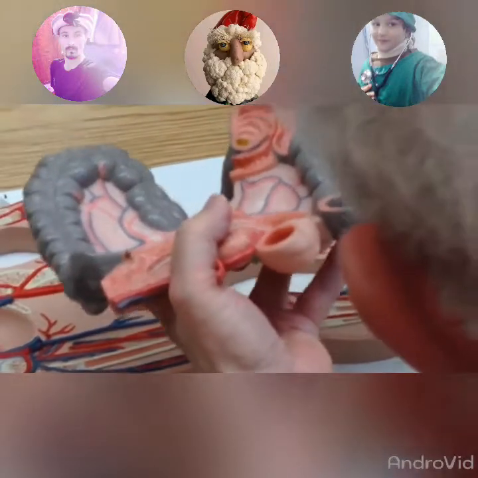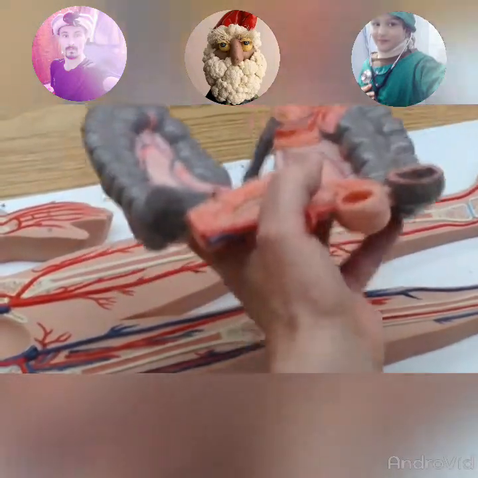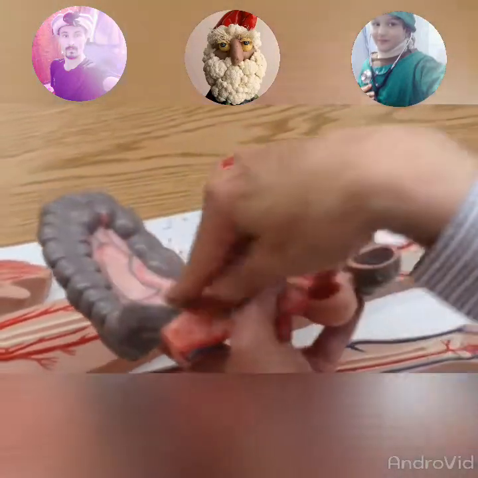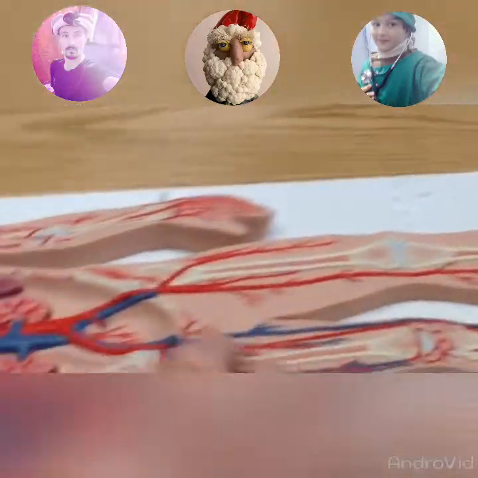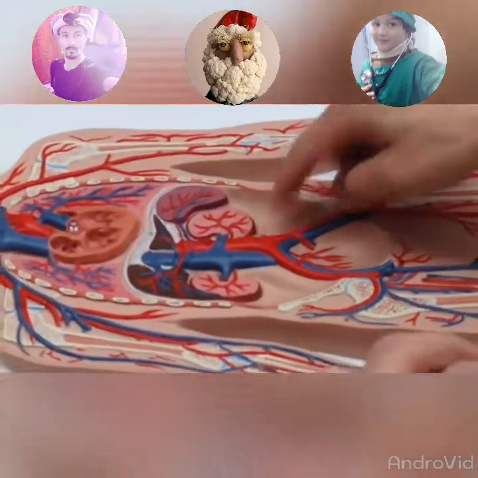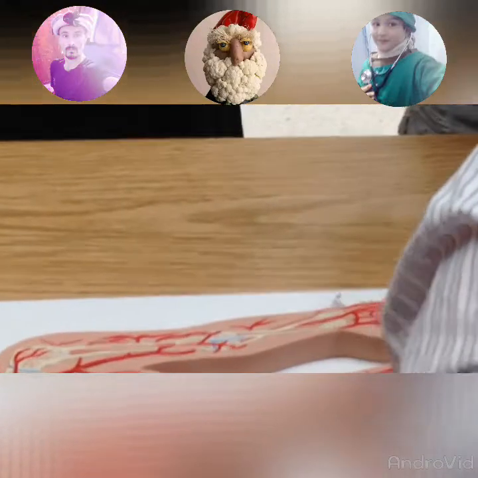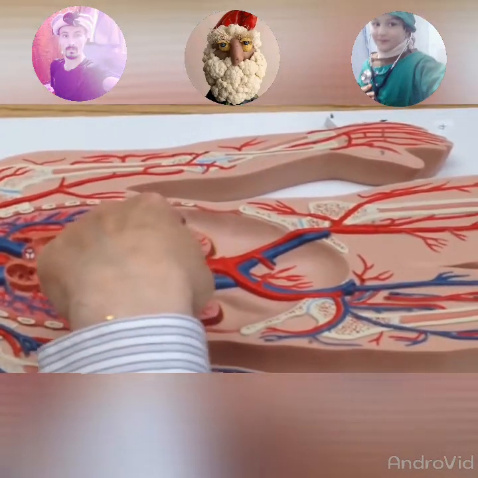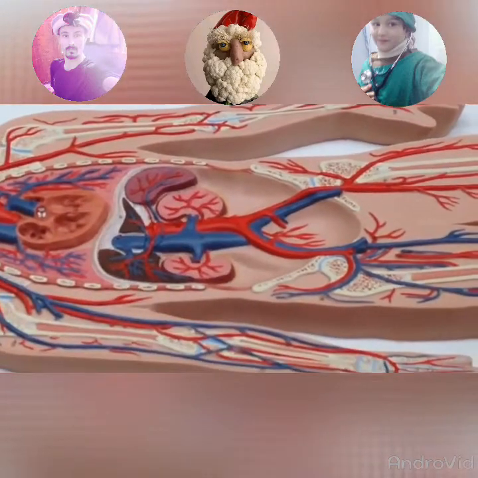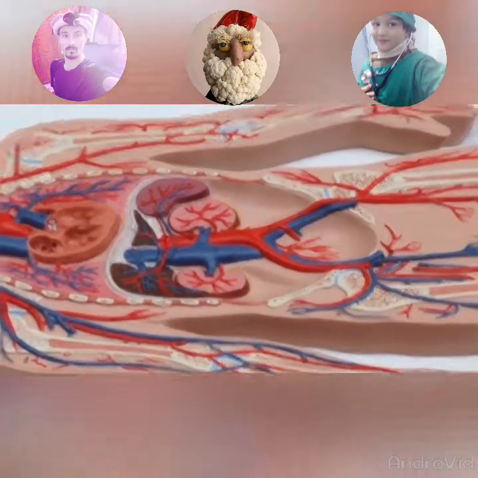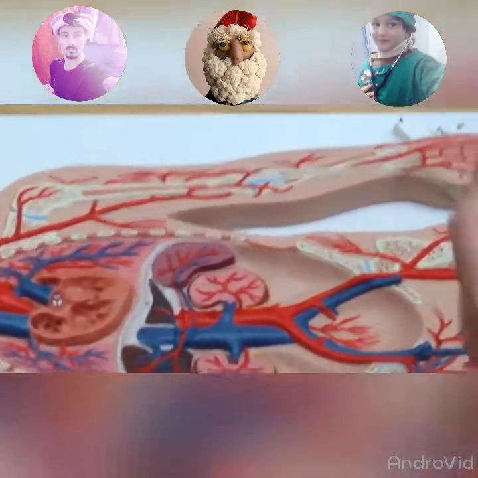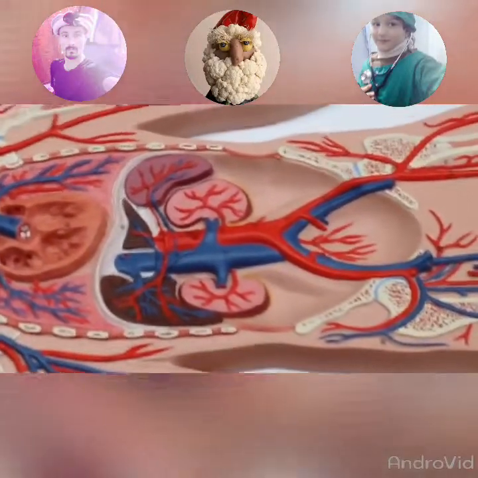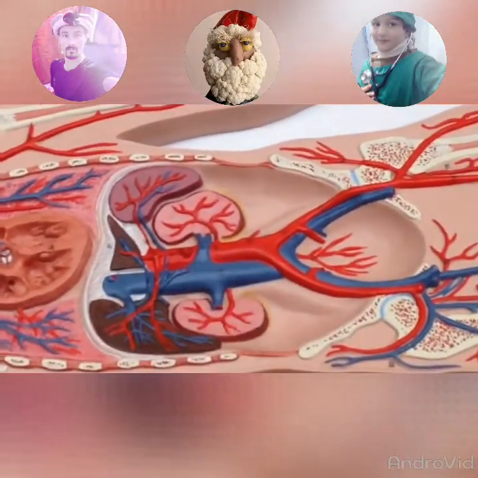So rather than starting here and running out of oxygen by the time you got to here, they can just distribute and return. So the inferior mesenteric artery is basically supplying the large intestine, and the superior mesenteric primarily the small intestine, plus a little bit of the large intestine that's up here. So both intestines have a mesentery like that, and that's why it's called mesentery.